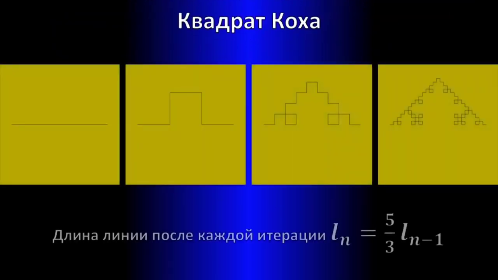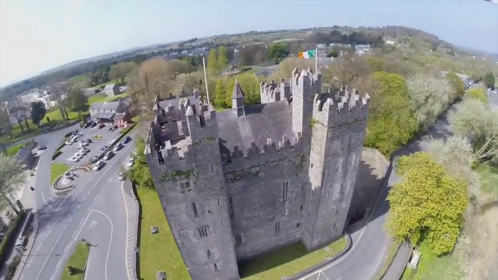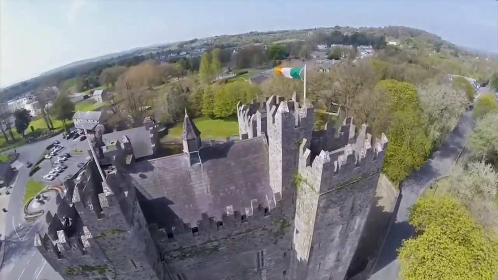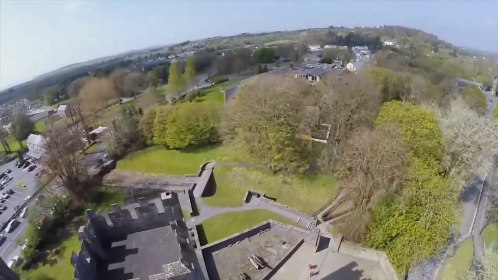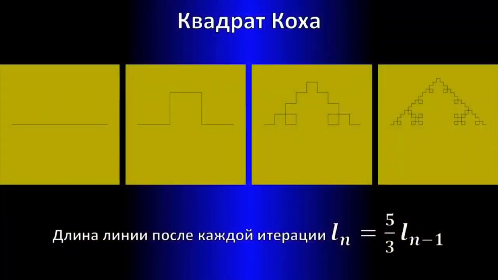But the Koch triangle is not the only fractal. We can use the Koch quadrant, also a well-known way to improve the frequency and parameters of an antenna. How do we do it? We cut the line into 3 parts, and in the middle part we add not two lines but 3, so we have something rectangular.